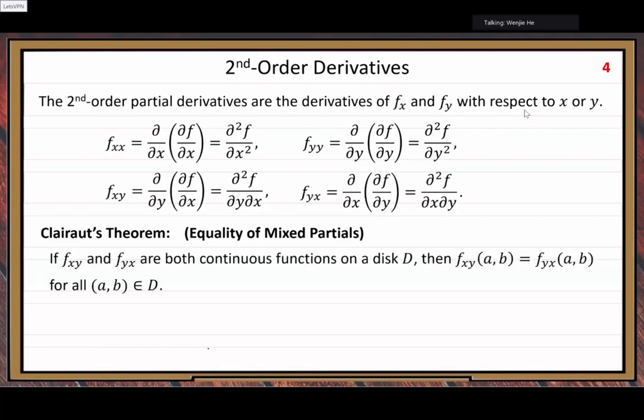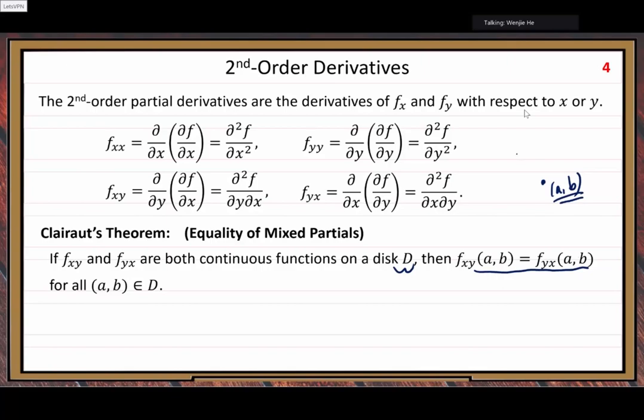What condition? If f sub xy and f sub yx are both continuous functions on a disk D. We consider this disk D with the center at (a, b), because here we look at the partial derivative at the point (a, b).